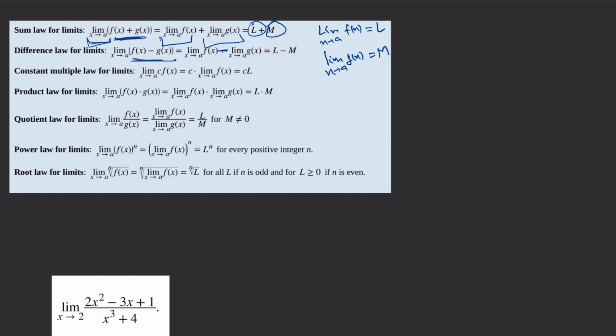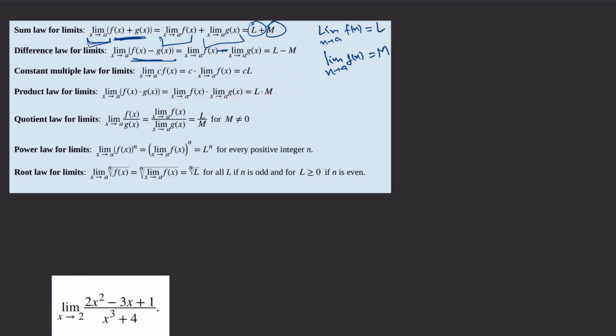If I multiply by a constant number c, I can put c outside and find the limit of f(x). Since f(x) tends to L, this will be c into L. If I want to find the limit of a product of functions, I'll distribute the limit into individual limits and multiply them.